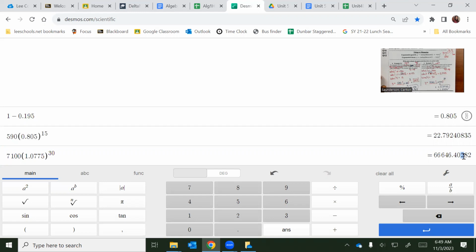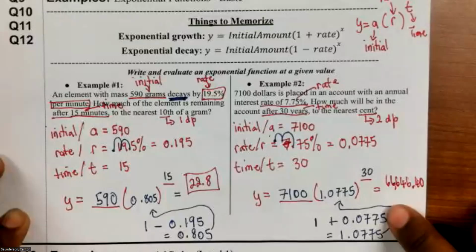If it's 5 or larger, this 0 will go up once. Because it is not 5 or larger, everything including that 2 and after will go away, and our result will be 66,646.40.